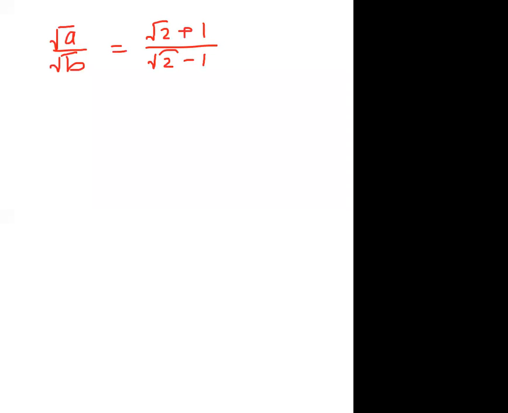Now we need to find the ratio of the two numbers, that is A upon B, and right now we have been given square root of A on square root of B. So squaring both sides, A upon B is equal to root 2 plus 1 upon root 2 minus 1, whole square.